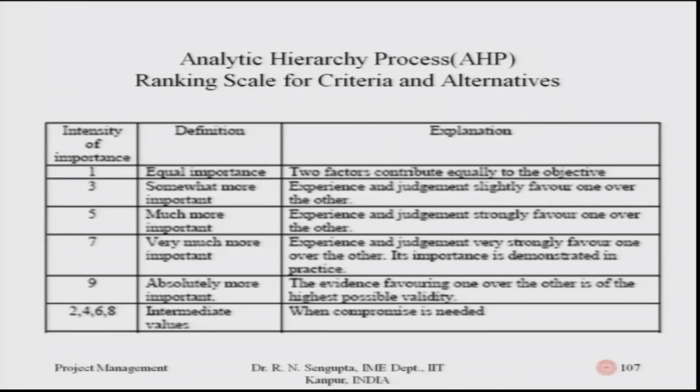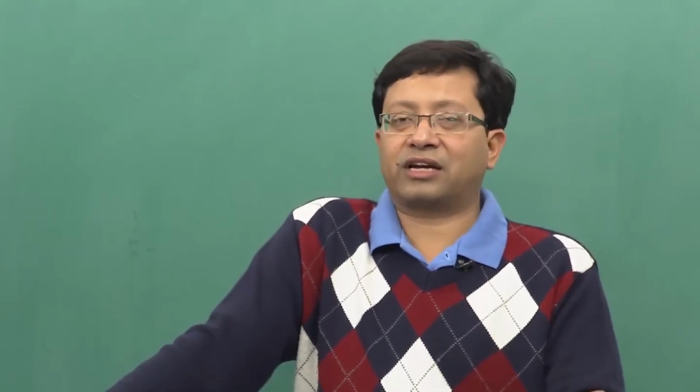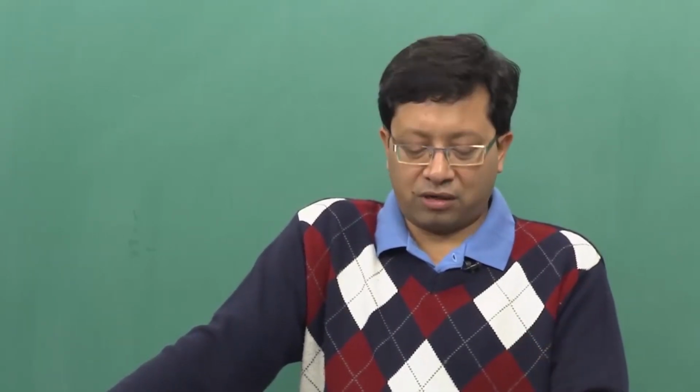Now, you may think why the even numbers were not taken. The even numbers as prescribed by Saaty, 2, 4, 6, 8, are intermediate values when compromise is needed between, say for example, criteria 1 and criteria 2 or criteria 3 and criteria 4 and so on.